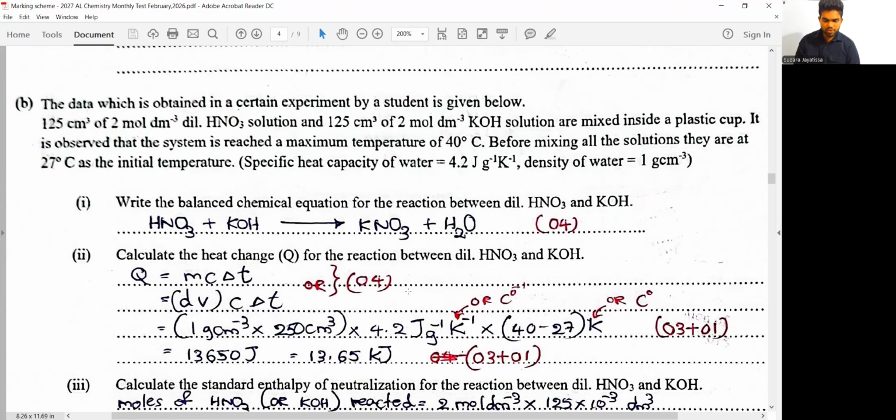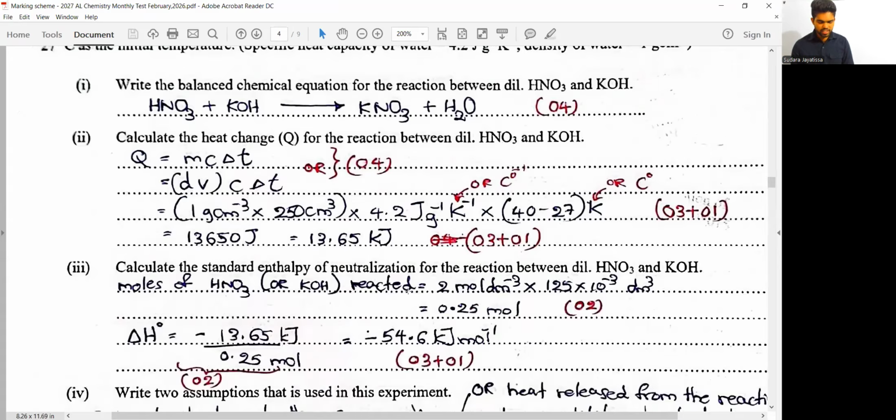And first of all, I'm asking you for the reaction. It's an acid-base reaction, so they form salt and water. Under neutralization enthalpy, recently you learned this again. Then you need to calculate Q, the heat change. For writing the formula, I offered some marks.